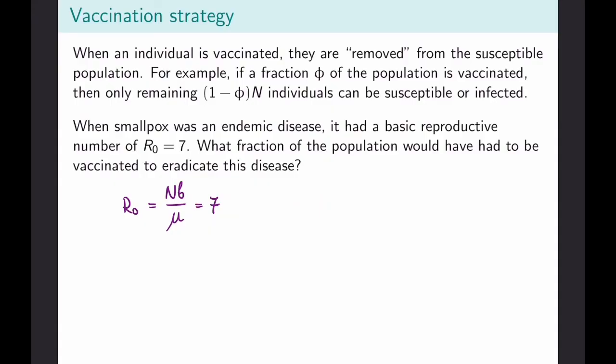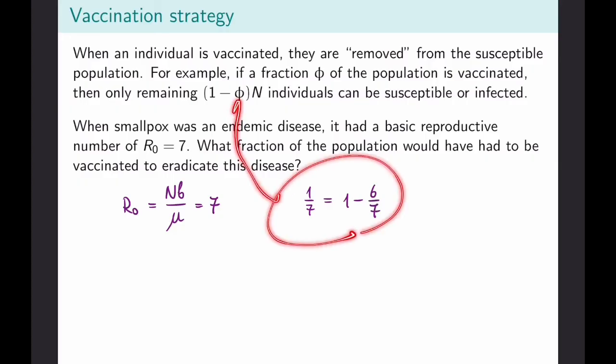If I would like to multiply this by something to get below 1, the something that I have to multiply by is, of course, 1/7. 1/7 times 7 is 1. 1/7 in itself, I would like to write it as a 1 minus something. That's 1 minus 6/7.